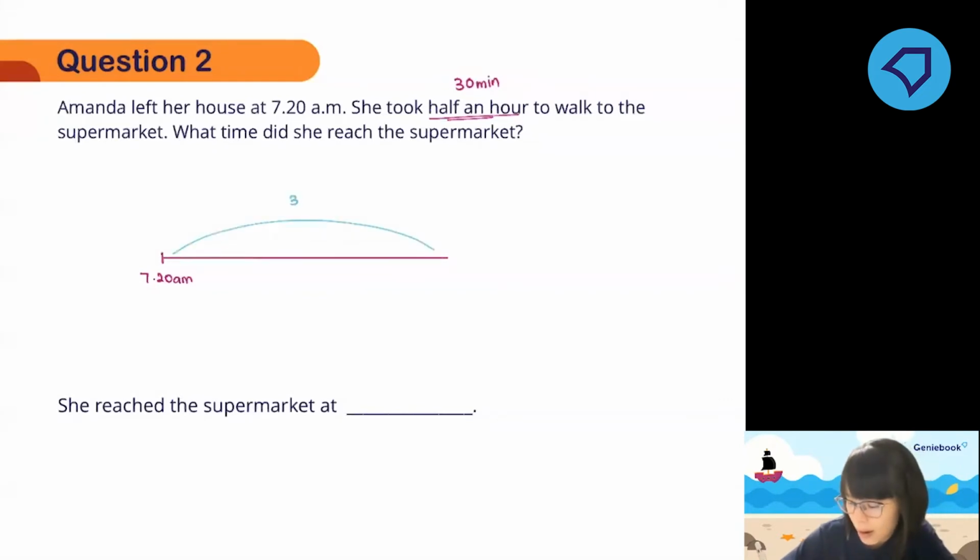So we are going to plus 30 minutes later. So what is 7:20 plus 30 minutes? 7:50. Excellent job. So she actually reached the supermarket at 7:50 a.m. Okay, easy?